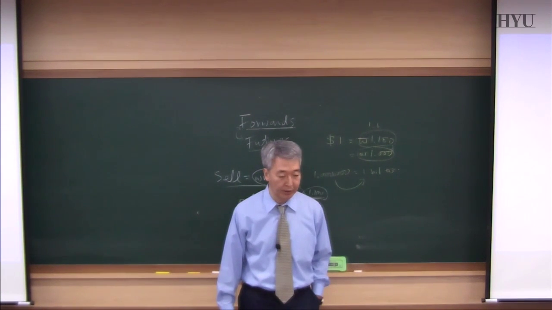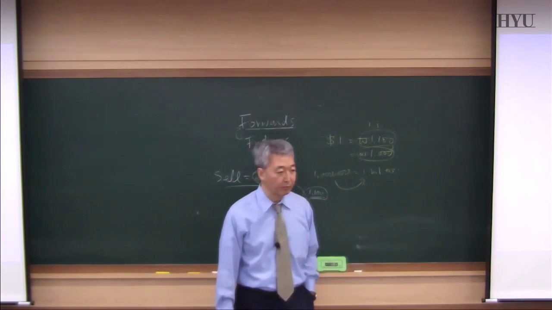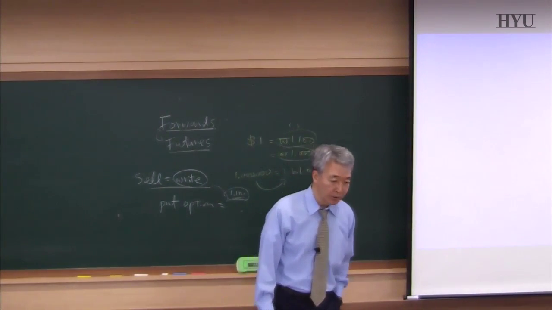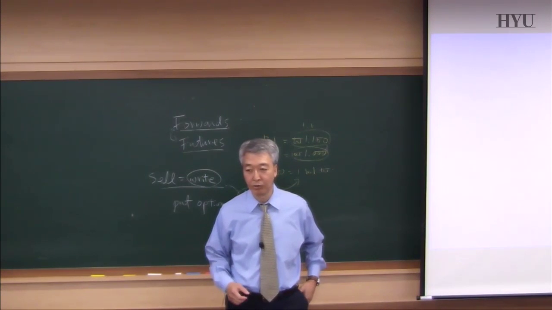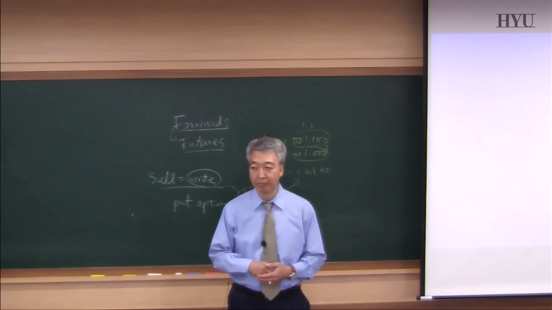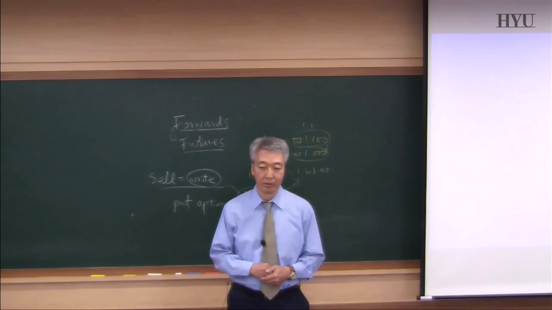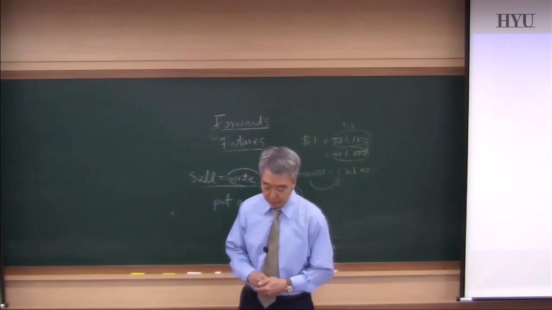Derivative trading is considered very risky. It's not only risky for the people who engage in the trading, but recently in 2008, we saw a huge market meltdown, the economy going almost into depression, because of this derivative problem.